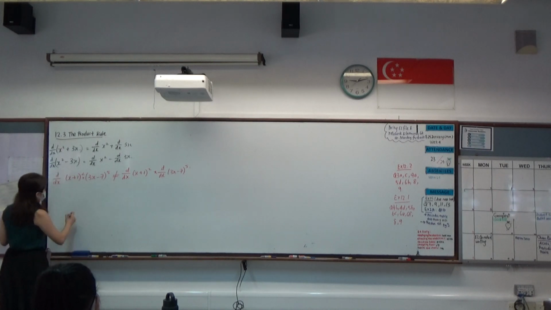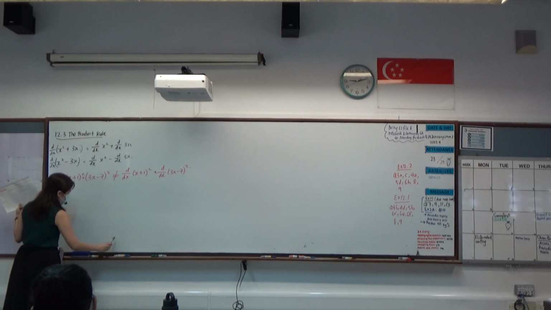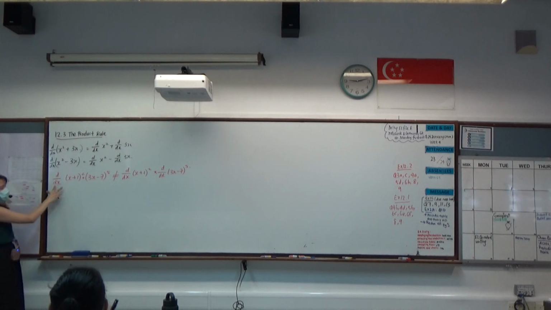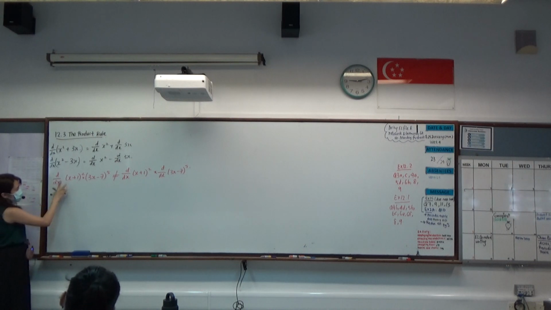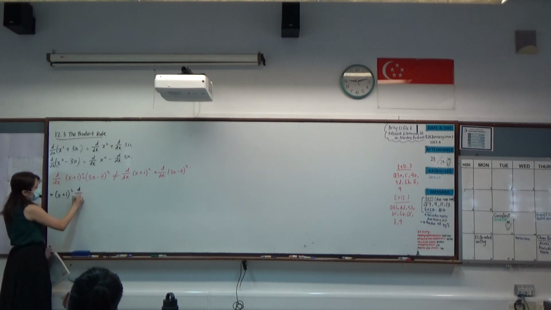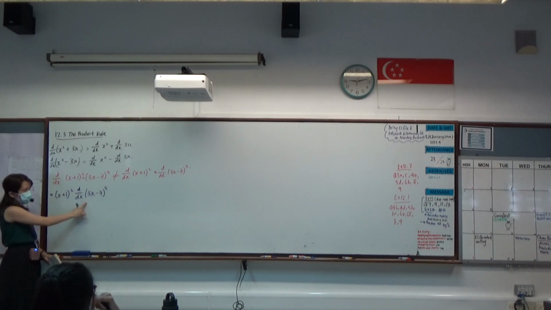Giving you an example here. To continue with this one, I will first keep the left side. That means (x plus 1) squared, I keep the left. Then I multiply, differentiate the right side. So keep left, differentiate right.